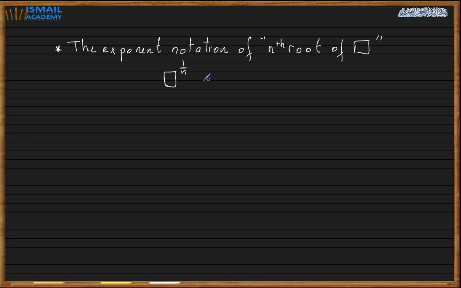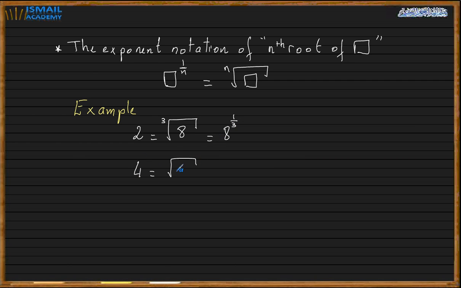So this means the nth root of that number. For example, 2 is the cube root of 8, which in exponent notation is 8 with exponent 1/3. 4 is the square root of 16, which is 16 with exponent 1/2, or half.